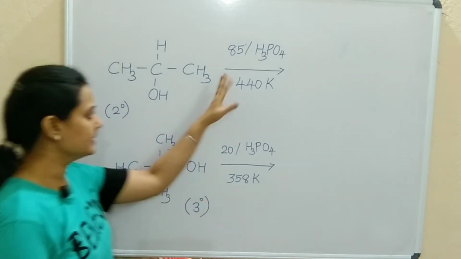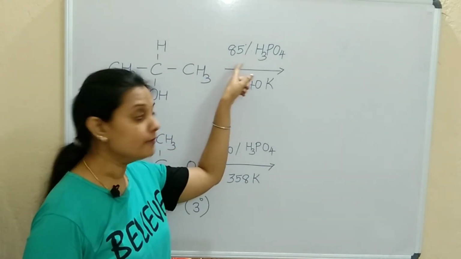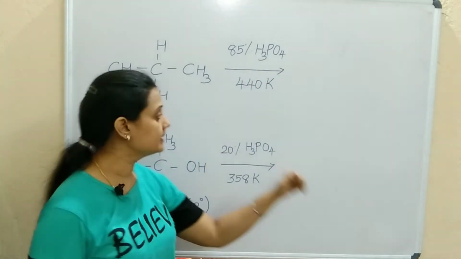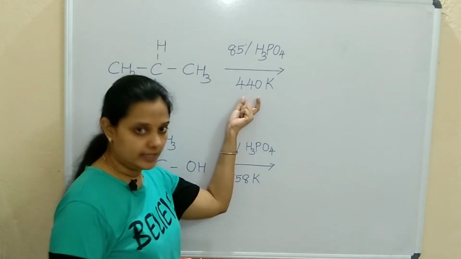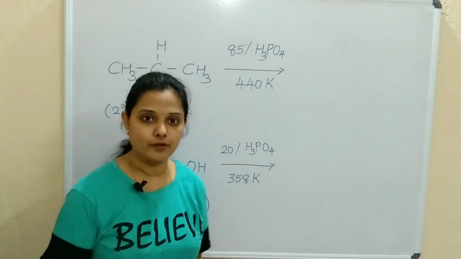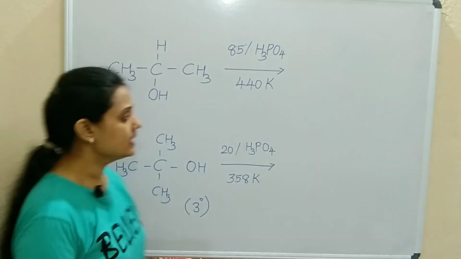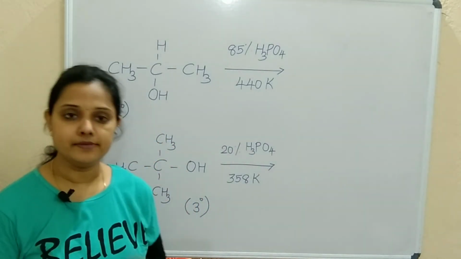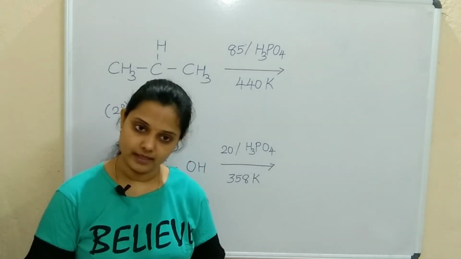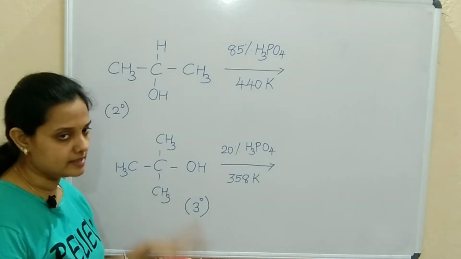Secondary with 85% phosphoric acid, H3PO4, again a dehydrating agent, at 440 Kelvin. Tertiary alcohols with 20% phosphoric acid at 358 Kelvin. For primary we have seen the mechanism; here no mechanism, only the reaction.